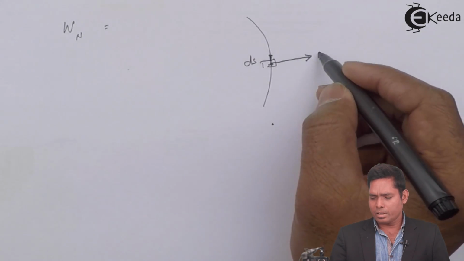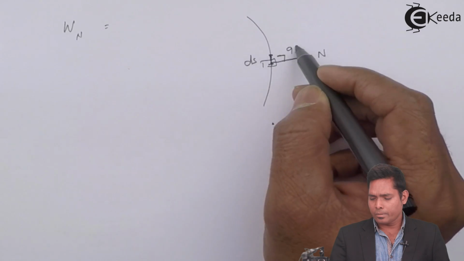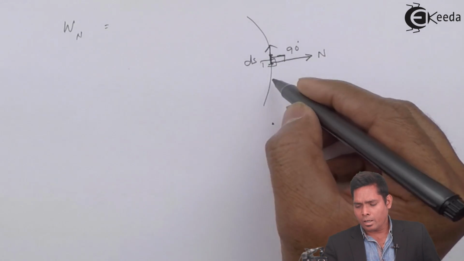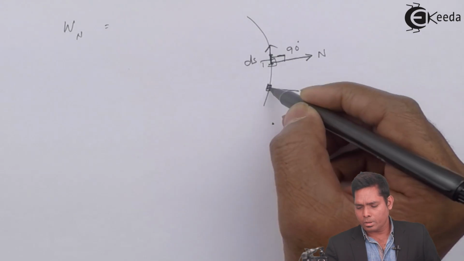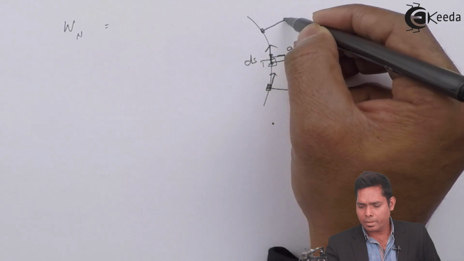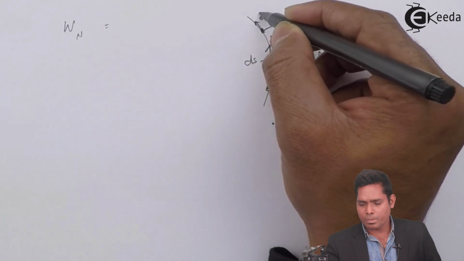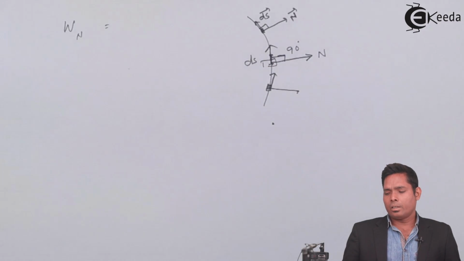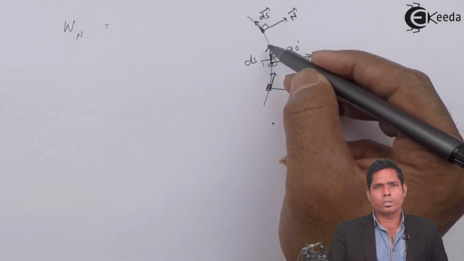At each and every point, the normal direction and the displacement are always 90 degree to each other, so each such work done contributes 0.